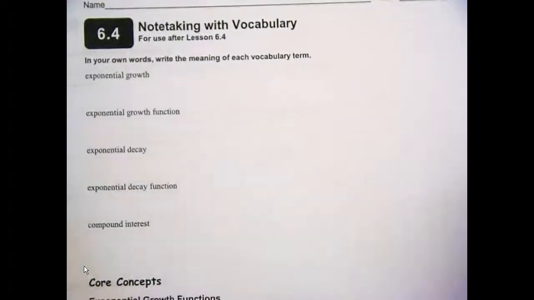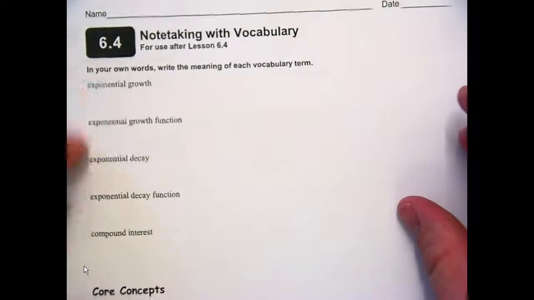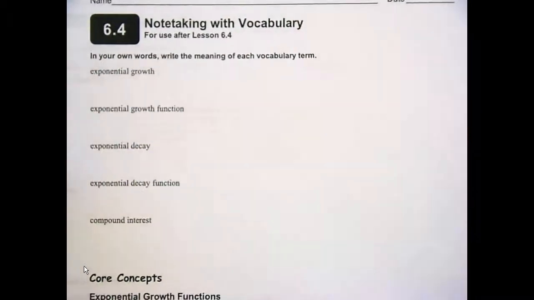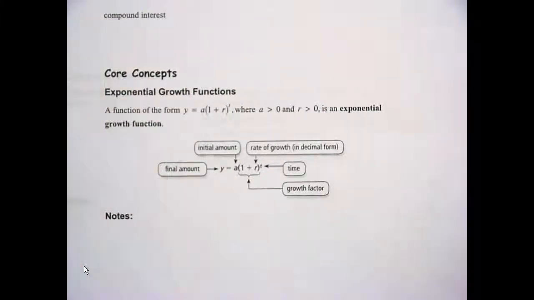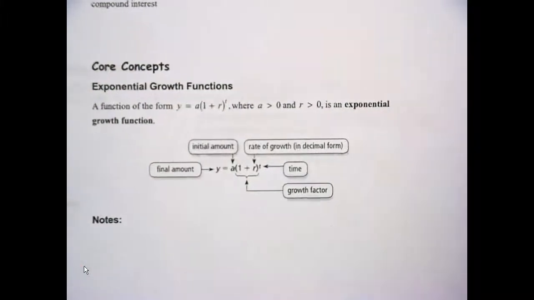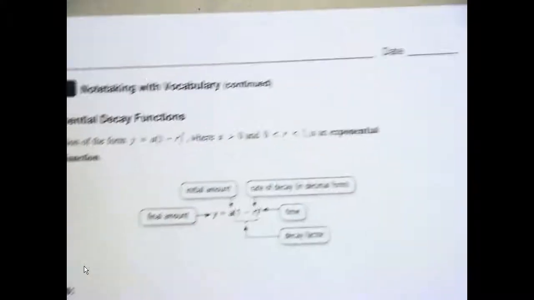All right. Once again, just like always, you can kind of summarize the lesson at a later time with your vocab terms there. But they give you the notes on the bottom here, and they talk about an exponential growth formula. Now, I'm going to try to point out the similarities between your growth formula and your decay formula. There's your decay formula.